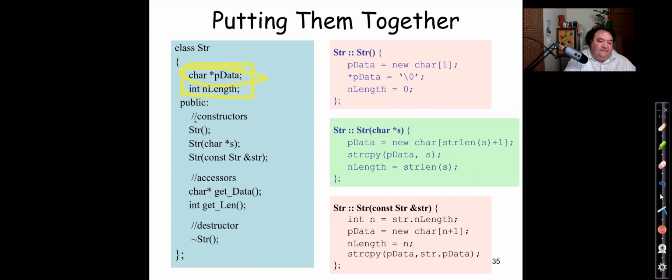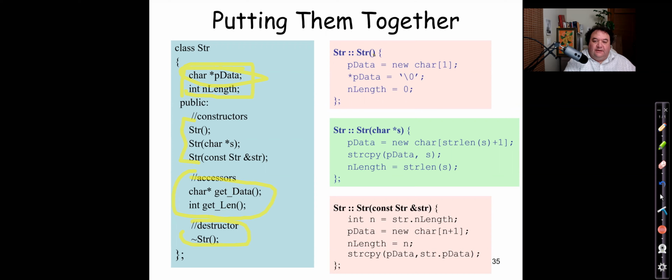And then we can have constructors. They allocate an empty string, a copy of a string, or get a reference to a string. We can access the data, by the string itself or the length of the string, and then we can destroy it.